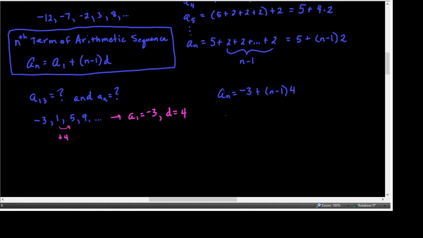So to find a sub 13, that means that for that problem, 13 will be the value of n. And then you do the arithmetic and get the answer of 45.